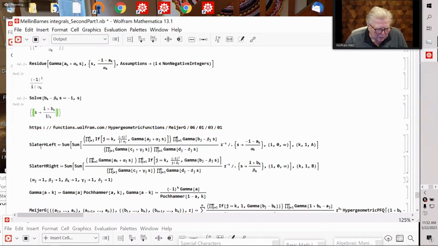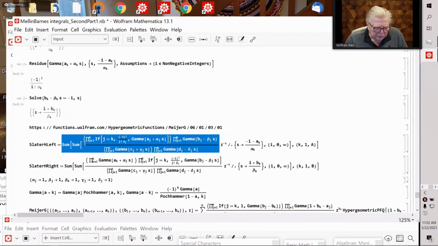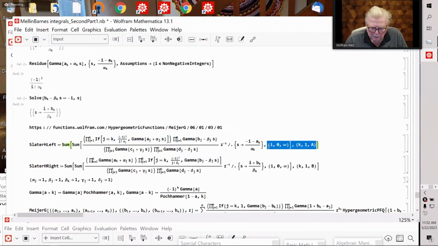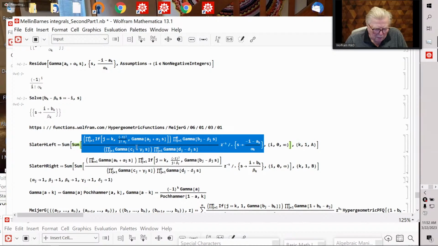And we should make summation by all poles. It is left poles, right poles, and an infinite sum appeared. Technologically, it looks like this one.